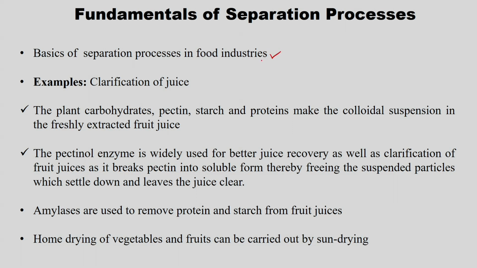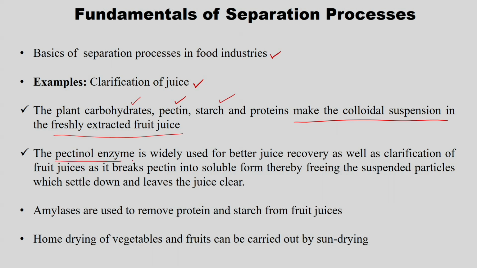As I told earlier, in the food industry the process itself is a separation process. An example is the clarification of juice. How is it being done? The plant carbohydrates, pectin, starch and proteins make a colloidal suspension in the freshly extracted fruit juice. In freshly extracted fruit juice, you will find all of them in the colloidal stage.